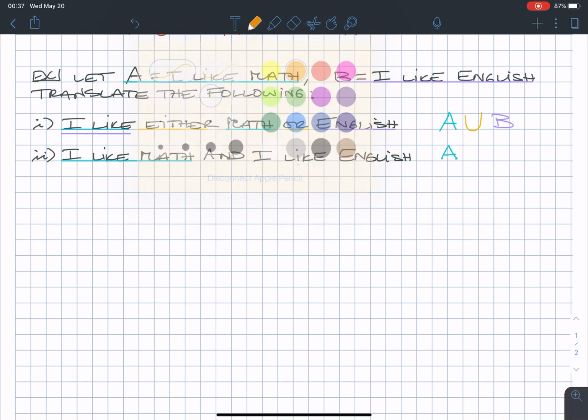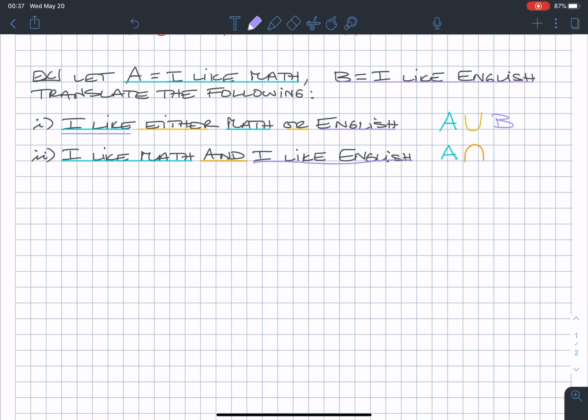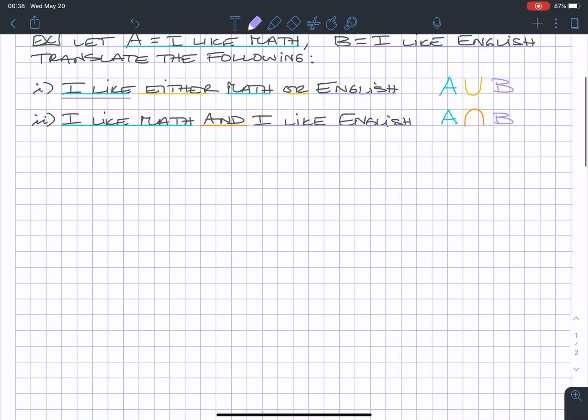However, in this case we're saying and. So the and is the upside down U. And of course, the I like English is still my B. So the intersection of the two sets, I like math and I like English.